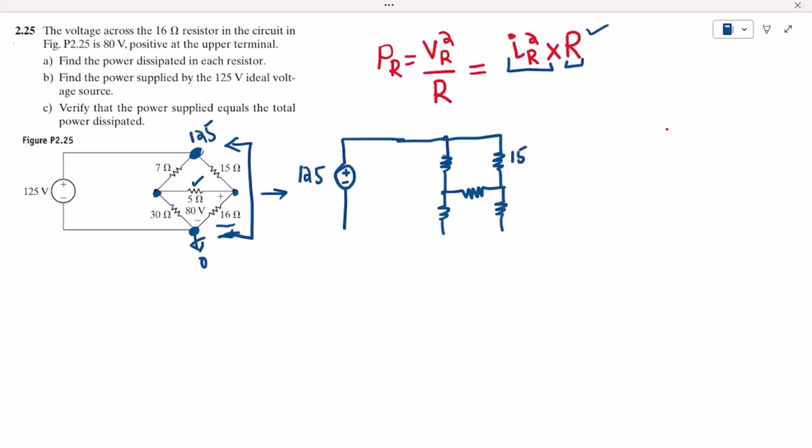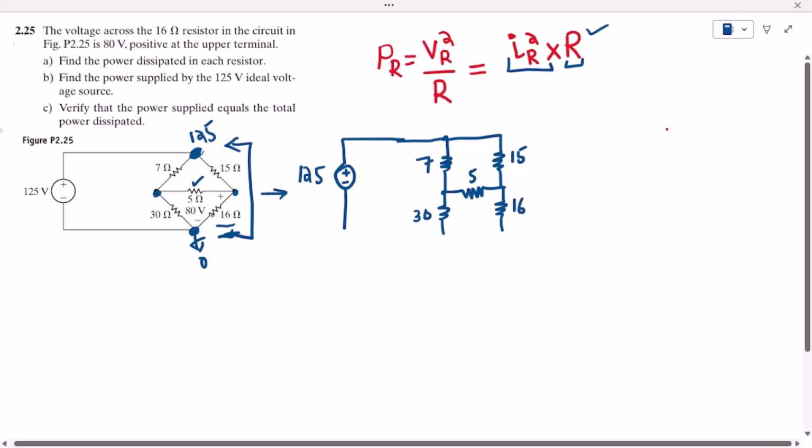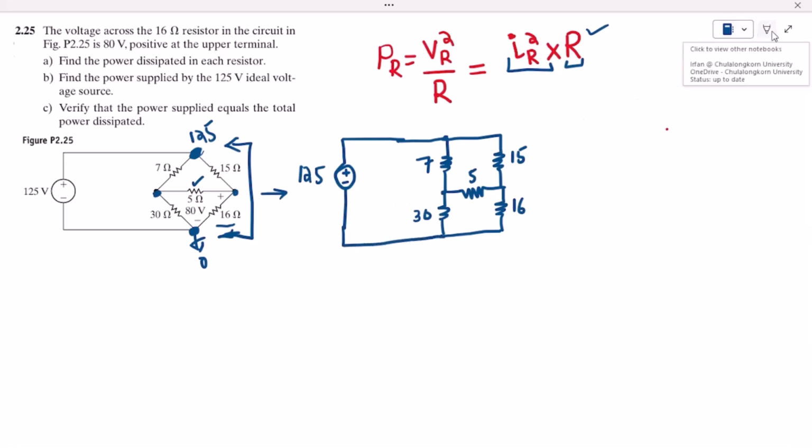So 15, 7 ohm, 5 ohm, 30, and this one is 16, and here we can see that these two are connected, so let me connect them, and these are also connected with the negative terminal of this source. Okay, so this is the circuit which we are going to solve right now.